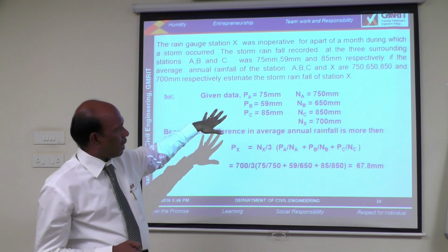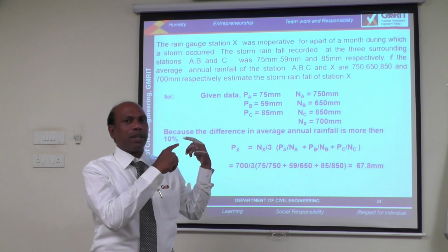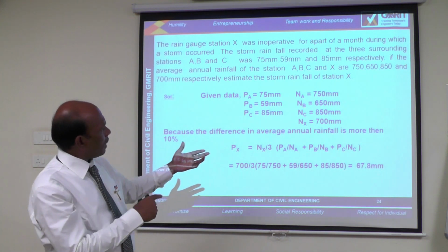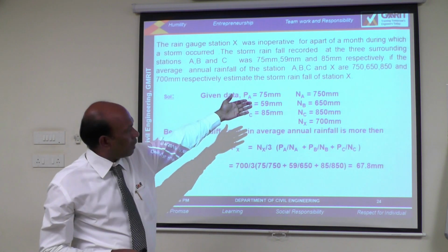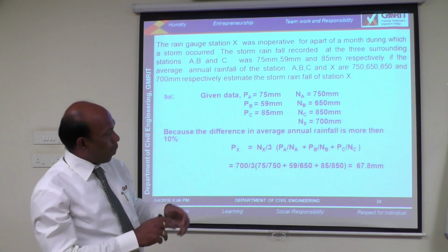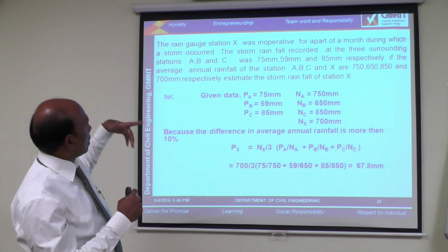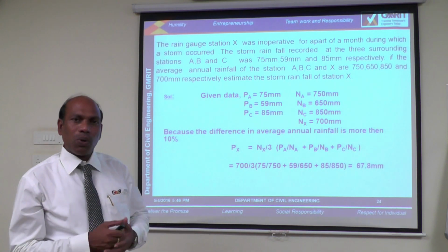Based on this data, we are going to estimate the rainfall of the inoperative rain gauge station. Here the difference of the mean annual rainfalls NA, NB, NC and NX is more than 10%. Therefore, we are going to use the normal ratio method.